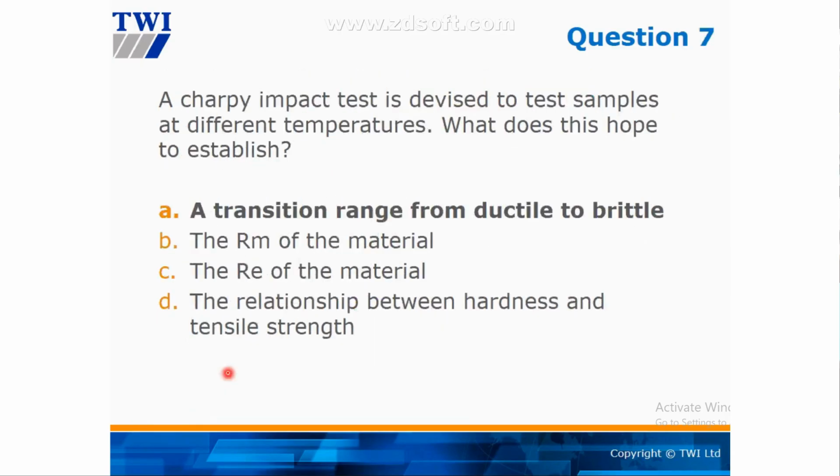All right, we move to question number 7. A Charpy impact test is devised to test sample at different temperature. What does this hope to establish? The answer goes to, we know that Charpy here, we're going to find from the different temperature, we got brittle and ductile.